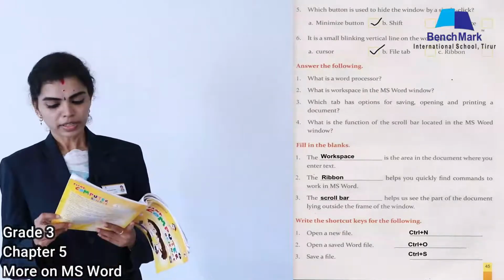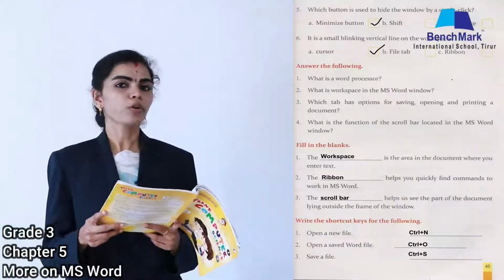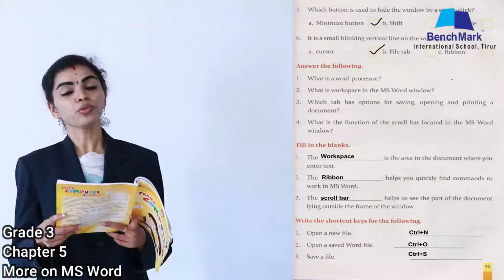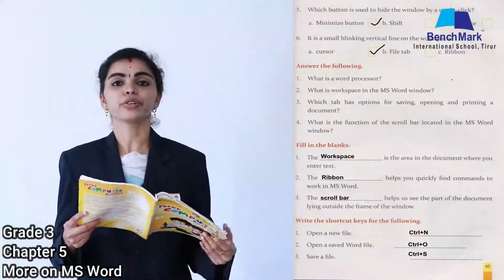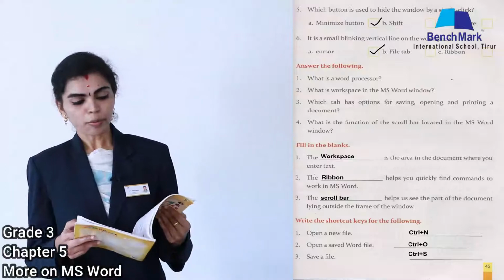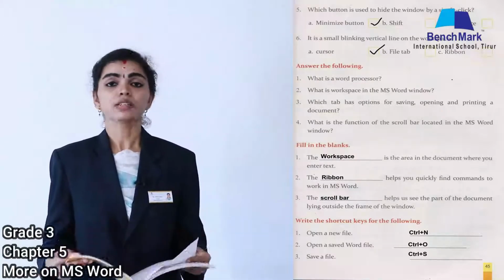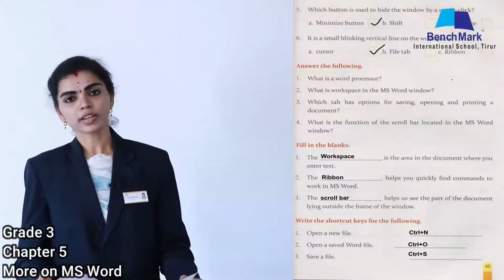So write the shortcut keys for the following. Open a new file. Open a new file means what you need to do? You need to press Ctrl plus N. Okay. So for opening a new document, what shortcut key do you need to use?